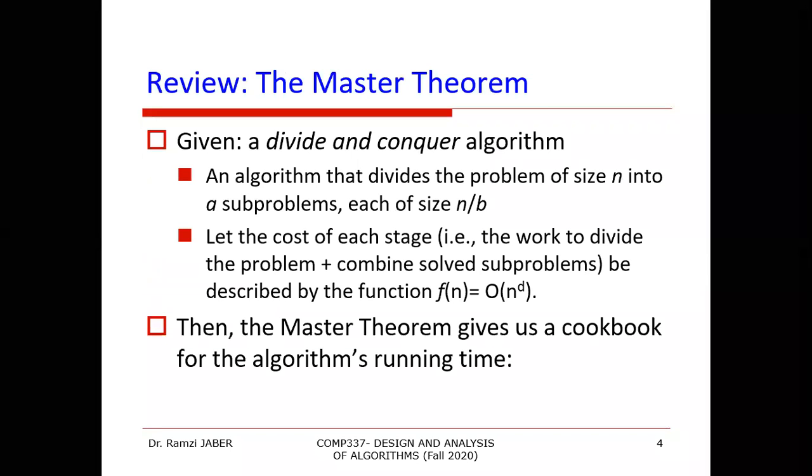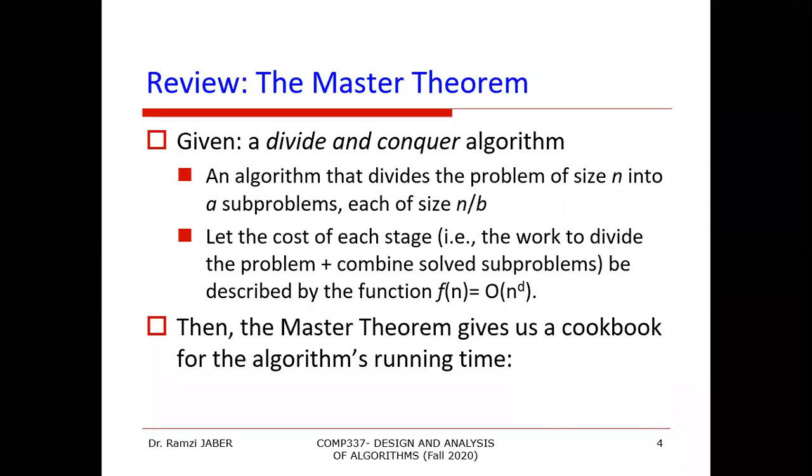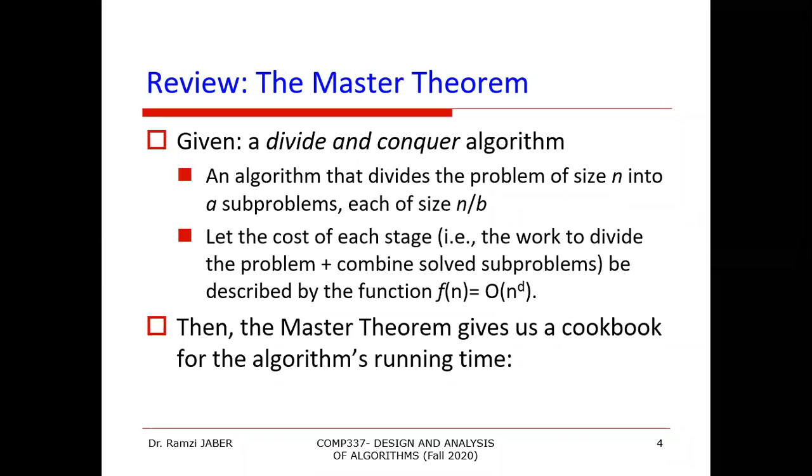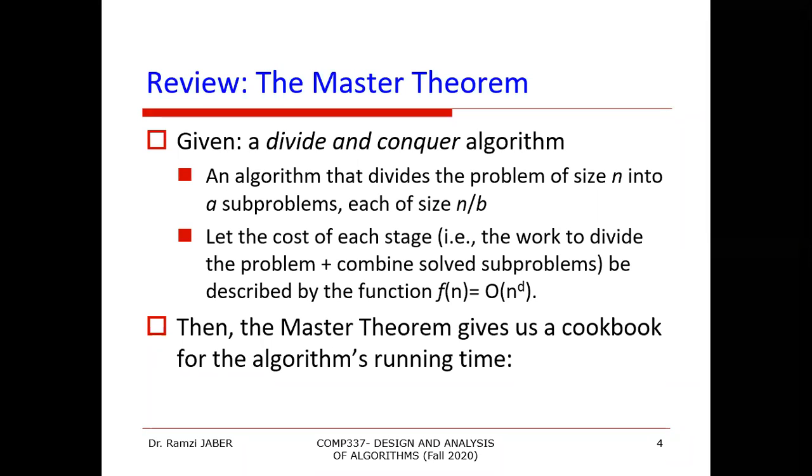Okay? The review: given a divide and conquer algorithm, an algorithm that divides a problem of size n into a sub-problems, each of size n over b, then the cost of each stage, i.e. the work to divide the problem plus combine the solved subproblems, is described by a function of n, which is equal to order of n to the power d.